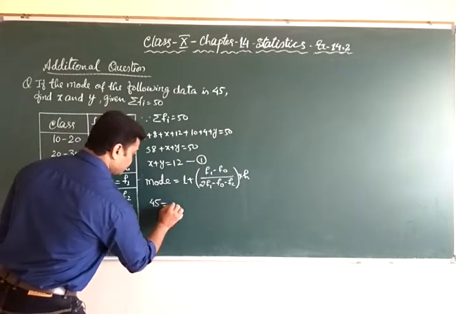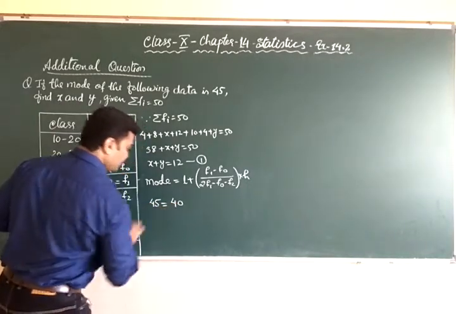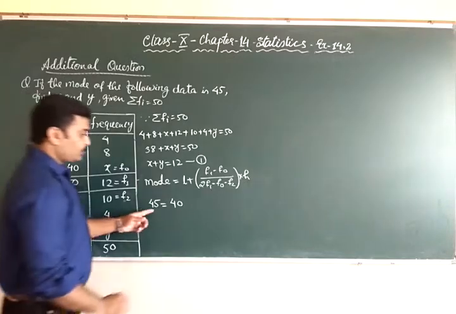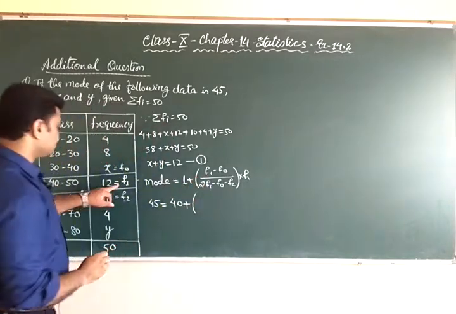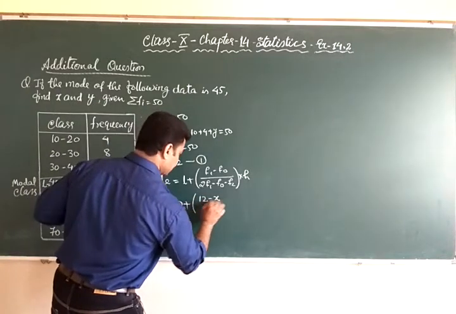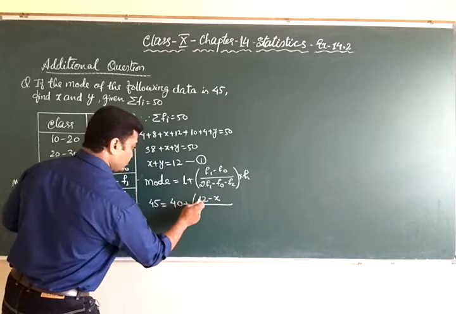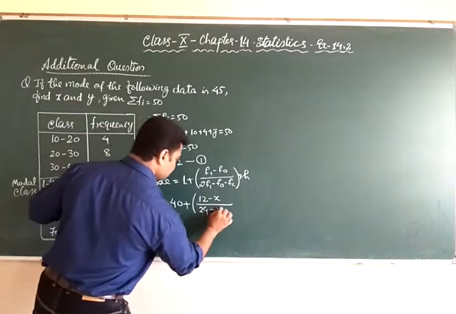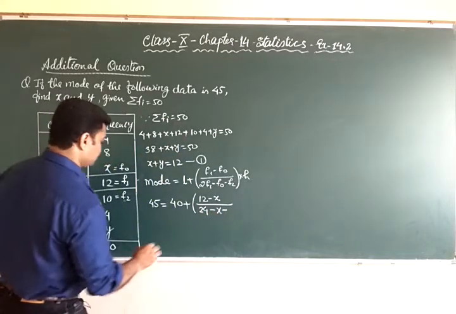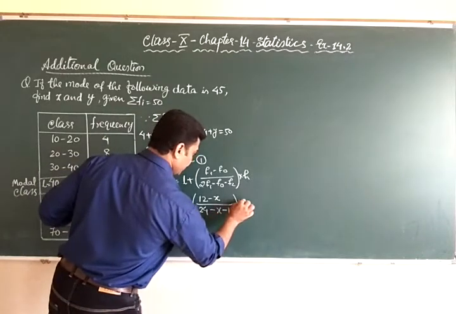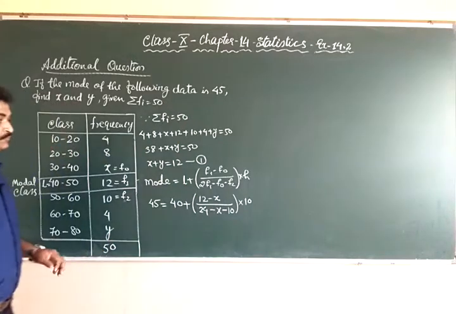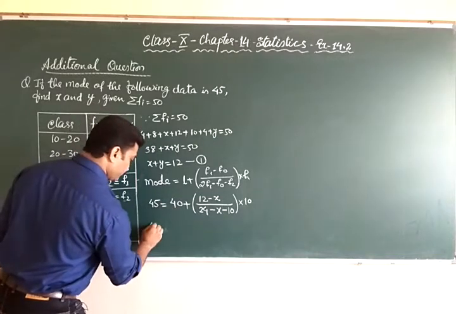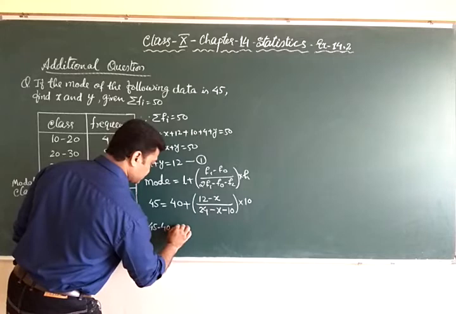So we will write 45 is equal to, lower limit L is 40, plus f1, that is 12 minus x, upon 2f1, 2 into 12, that is 24, minus f0, x, minus f2, that is 10, into h, that is 10. Clear? Now 45 minus 40 plus.